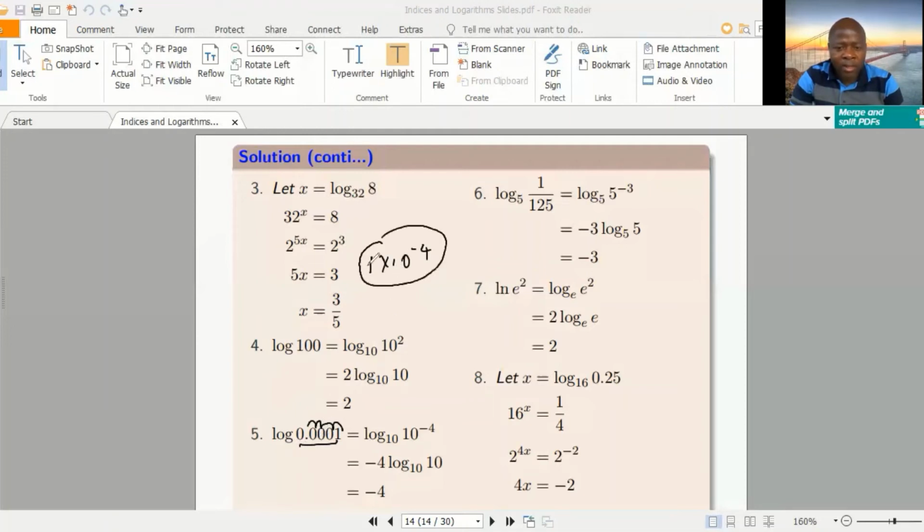But I know that 1 times 10 raised to negative 4 is just 10 raised to negative 4. And remember the base is silent, so it's 10. So what I then have is the log of 10 raised to negative 4 to base 10. Then take negative 4 to the other side using one of the laws of logarithm. I would have negative 4 log of 10 to base 10. And this part gives you 1, because we say that the log of a number to the same base is 1. So then it's negative 4 times 1, which is negative 4.